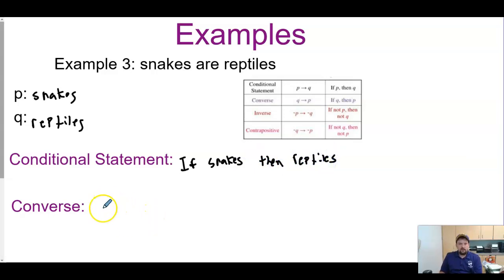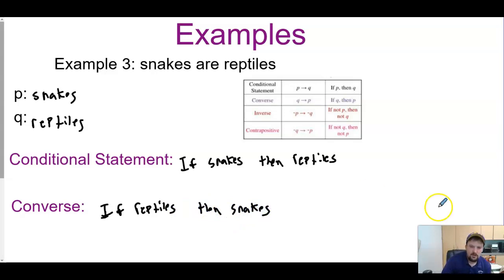The converse is just writing it in the opposite order. If reptiles, then snakes. So if snakes then reptiles, the converse is just if reptiles then snakes.